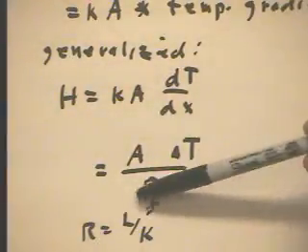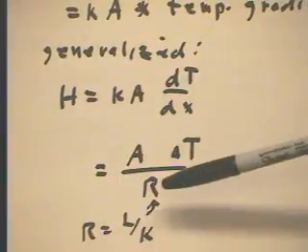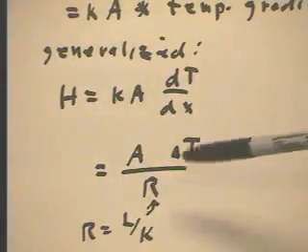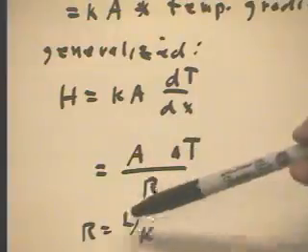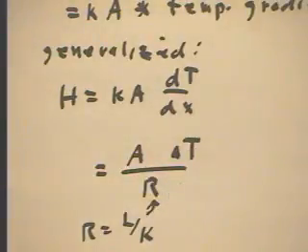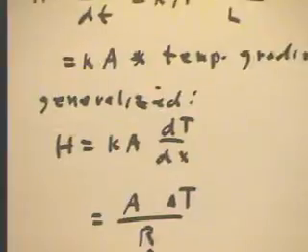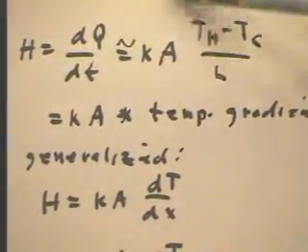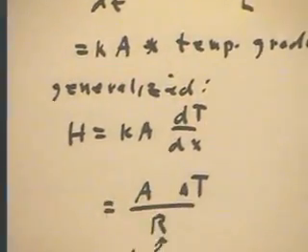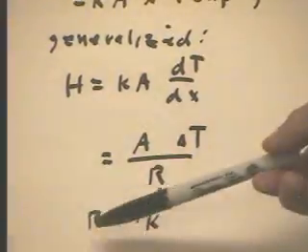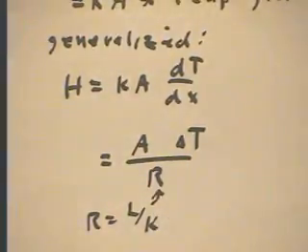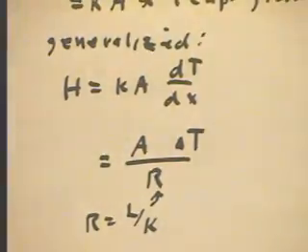A large resistance will tend to make the thermal energy flow more slowly through the wall, and it's the R value or the resistance that we want to increase in our walls. Now, comparing this equation with the original definition up here, we can see that R has to equal L over K. And that's an easy comparison. Make sure you understand that.